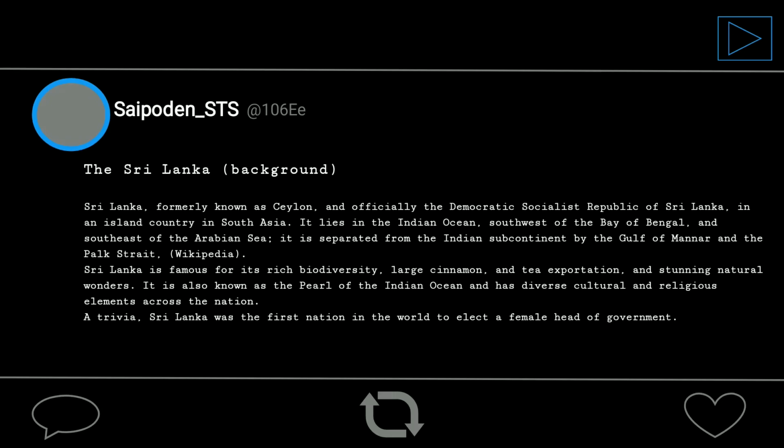The Sri Lanka background. Sri Lanka, formerly known as Ceylon and officially the Democratic Socialist Republic of Sri Lanka, is an island country in South Asia. It lies in the Indian Ocean, southwest of the Bay of Bengal and southeast of the Arabian Sea. It is separated from the Indian subcontinent by the Gulf of Mannar and the Palk Strait.